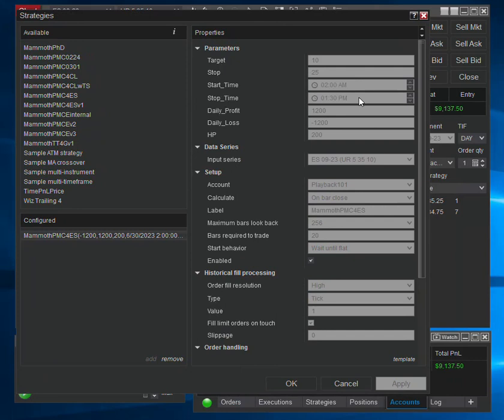Daily profit we set at $1,200 as a cap. If you reach 1,200, then the strategy will not look for another trade. Daily loss is also $1,200. If you have $1,200 negative, then the strategy will stop looking for another trade.